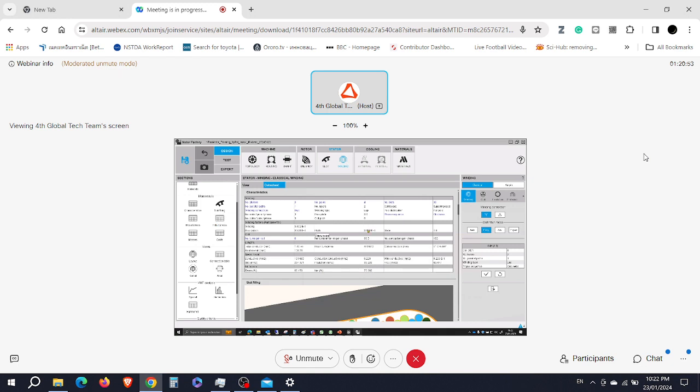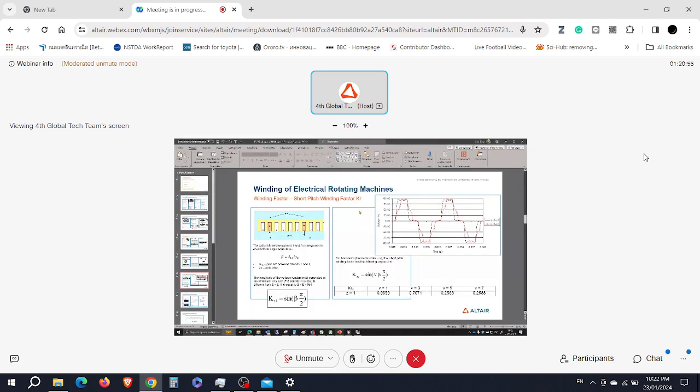So this pitch factor is given by this formula, where beta is the shortened pole pitch divided by the initial pole pitch, giving this short pitch winding factor.